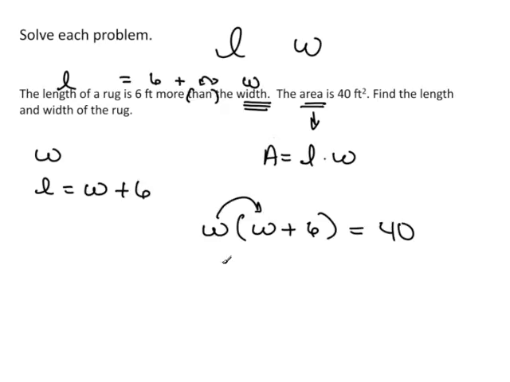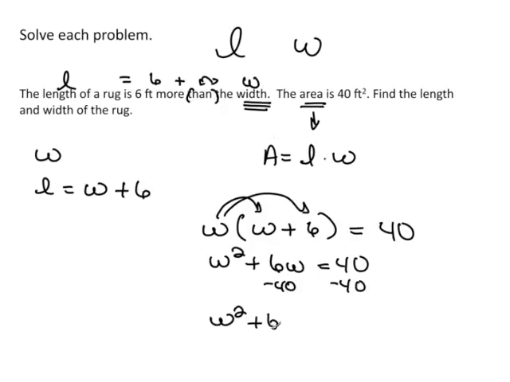So we do the distributive property: W squared plus 6W is equal to 40. Because I have a second degree equation, I have to set it equal to 0 in order to solve it. So we subtract 40 from both sides, and we get W squared plus 6W minus 40 is equal to 0.